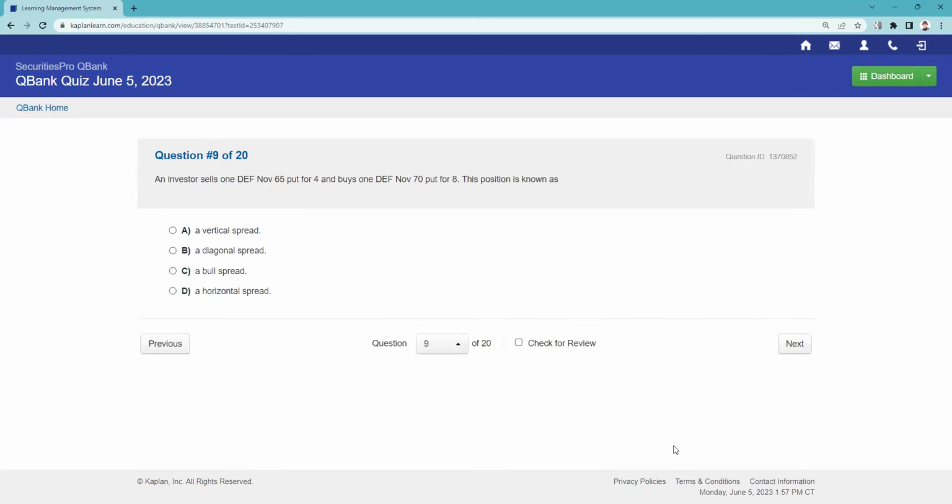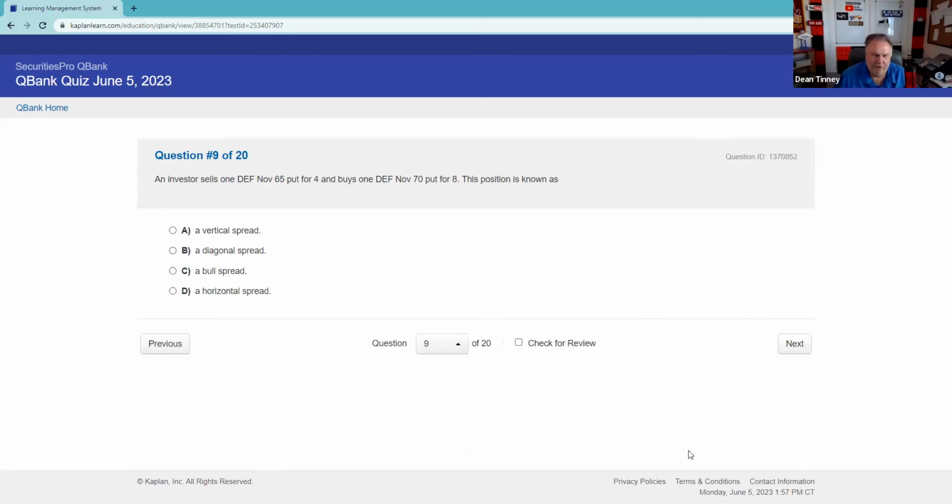An investor sells one DEF November 65 put for 4 and buys one DEF November 70 put for 8.